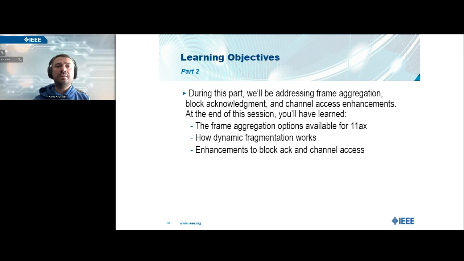So at the end of the session, you'll have learned how the different frame aggregation options that are available for 11ax work, and also a little bit of background on how frame aggregation in 802.11 works, how dynamic fragmentation works, which was introduced in 11ax, and the enhancements to block ACK and channel access.